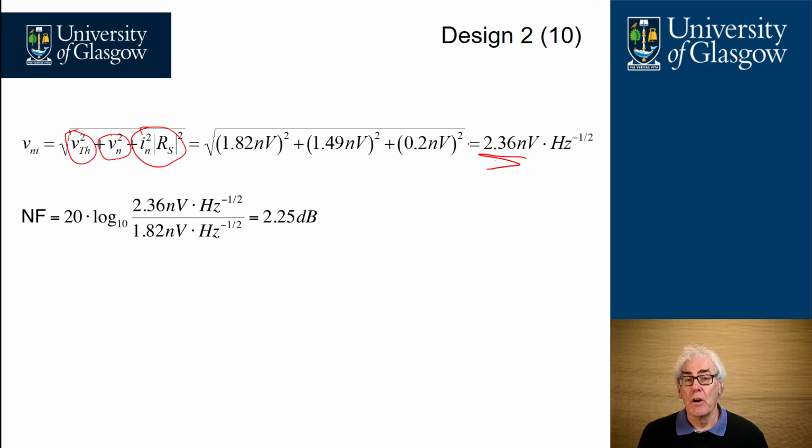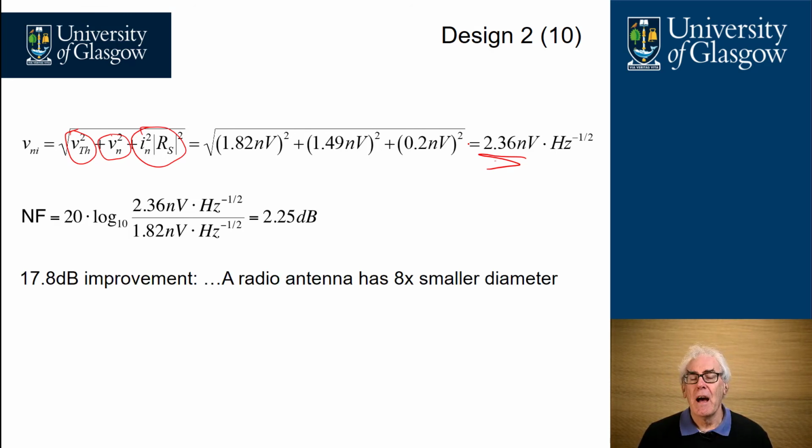Now if we calculate out our noise performance, we discover we have a noise figure of 2.25 decibels, which is much better than the previous example, which was 20 decibels. By changing the amplifier and by changing the feedback resistors, we've made approximately a 17.8 decibel improvement.